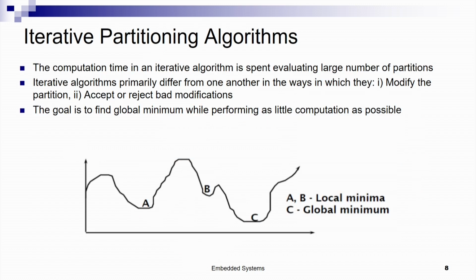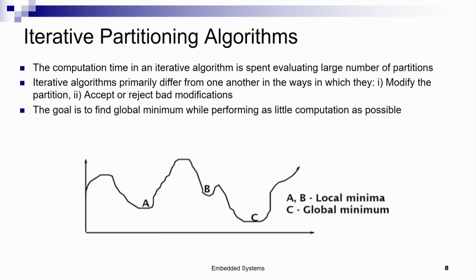Now, there are different types of algorithms that are used for hardware software partitioning. One important class of algorithms is iterative partitioning algorithms. Many algorithms are very efficient in terms of performance, some are less.